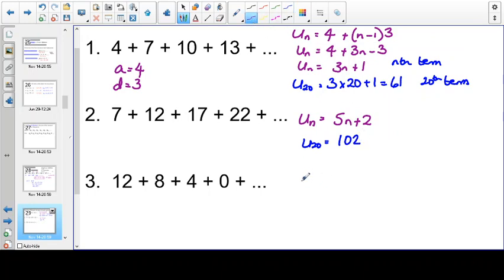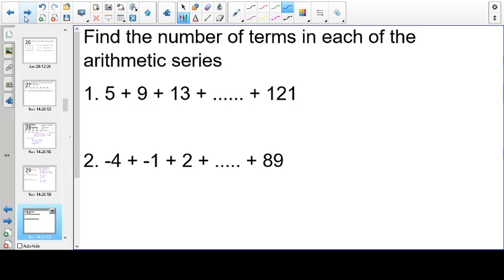And then for this one, UN will be minus 4n plus 16, and U20 will be minus 4 times 20 plus 16, which is minus 64. So hopefully you got those.